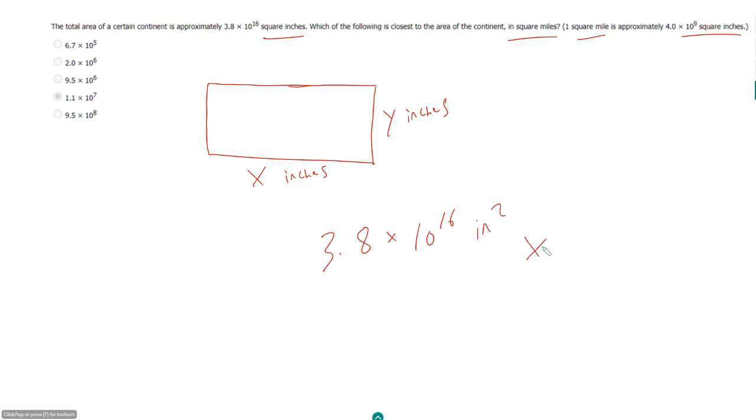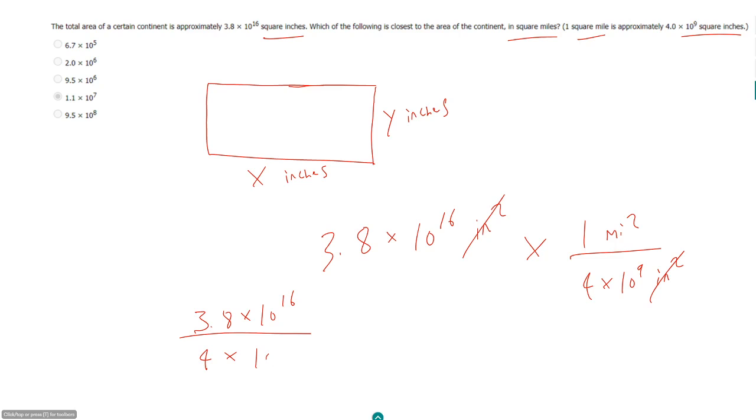Trying to get the square miles, and we know we have 1 square mile per 4 times 10 to the 9th square inches. And so these cancel out and we're left with just square miles, and what we have is 3.8 times 10 to the 16th over 4 times 10 to the 9th, and it seems like we are done.